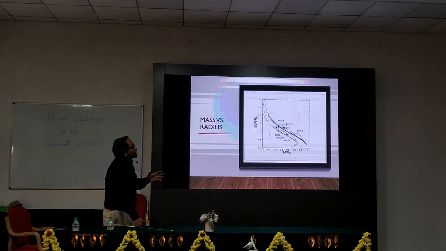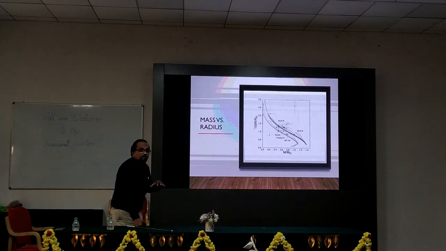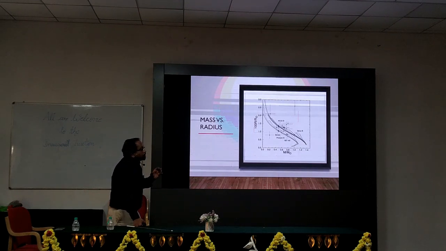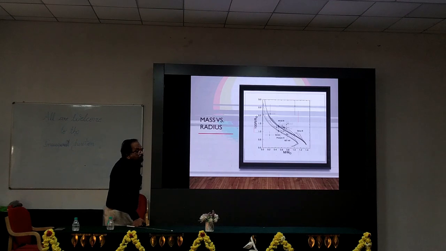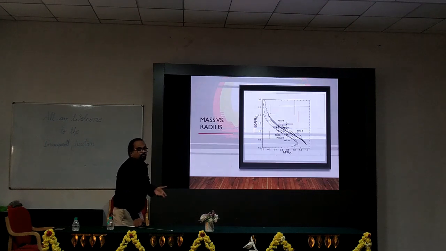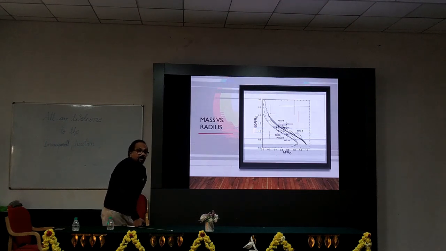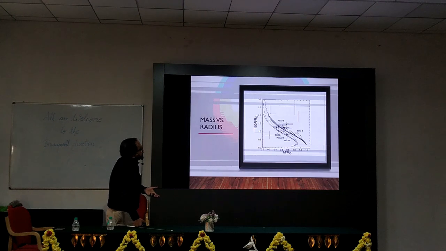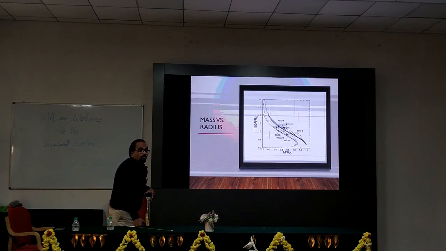He could not imagine what would happen. It would collapse. He thought maybe it will end up in some other very condensed state, which we cannot predict. So he was hinting at the possibility of a black hole appearing. With much higher mass, what happens? It can collapse further, leading to the formation of a black hole.